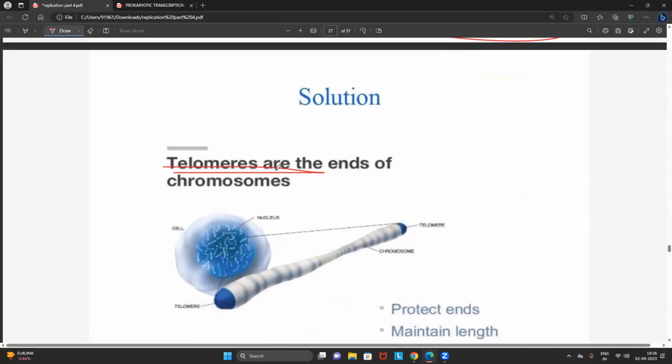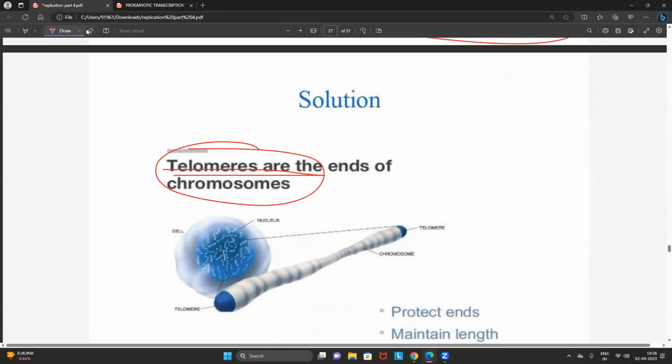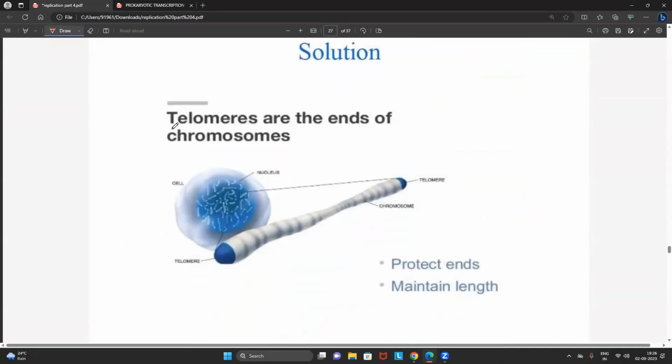In the exam they have asked a question, but not from here. They have asked from chromosomal organization about the telomeric structure. But remember, telomeres are the ends of chromosomes. DNA contains 4 bases: adenine, thymine, guanine, cytosine.